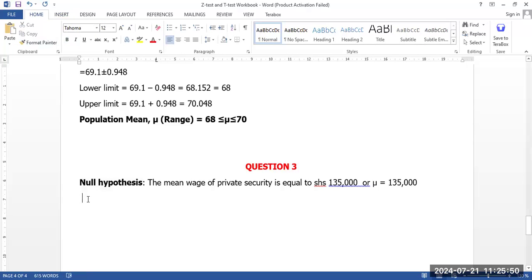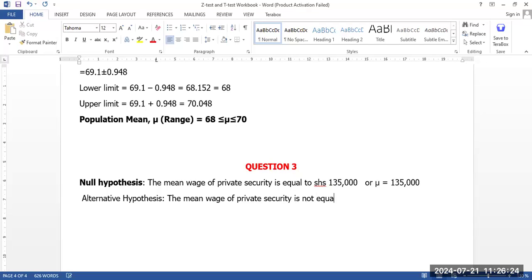What about the alternative hypothesis? So we are going to say here, what is the opposite of this? We are going to say that the mean wage of private security guard is not equal to shillings 135,000.